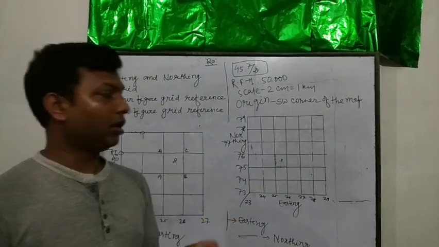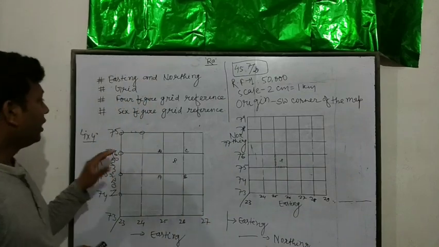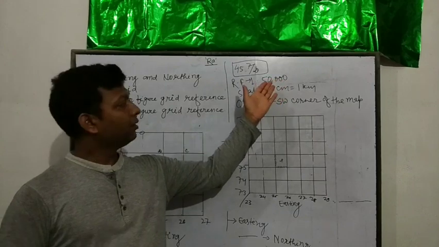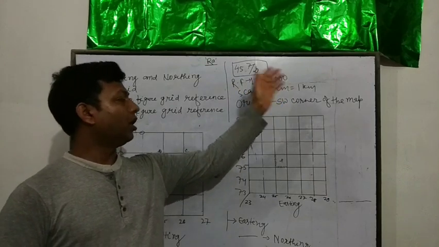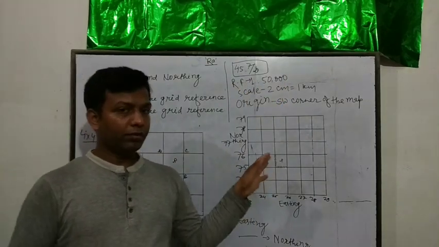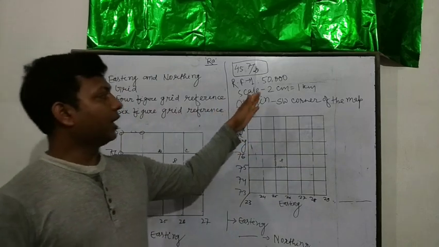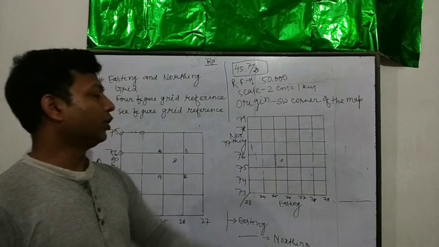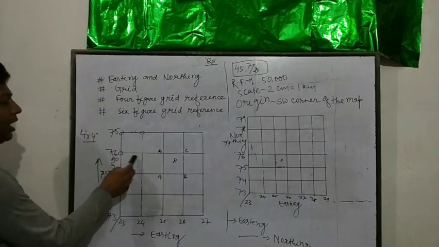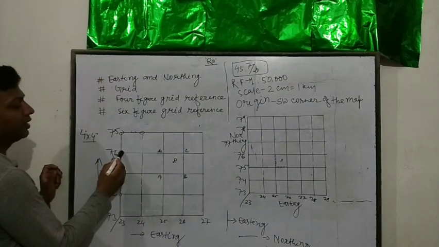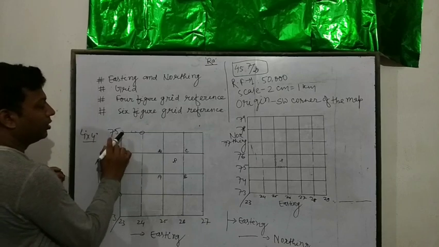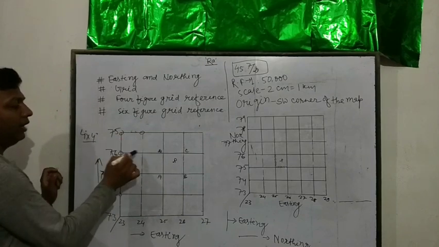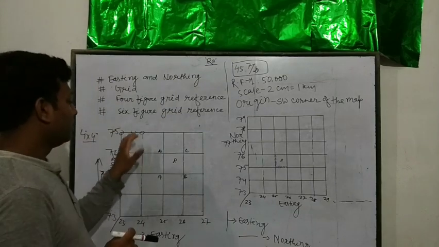and with the help of this we can figure a very small area and a very large area too. Okay, so for the 4-figure grid reference, there is an RF of 1:50,000 in your textbook, and the scale is taken as 2 centimeter equal to 1 kilometer. That means each and every box measures 2 centimeter. This box is 2 centimeter on each side of the square.